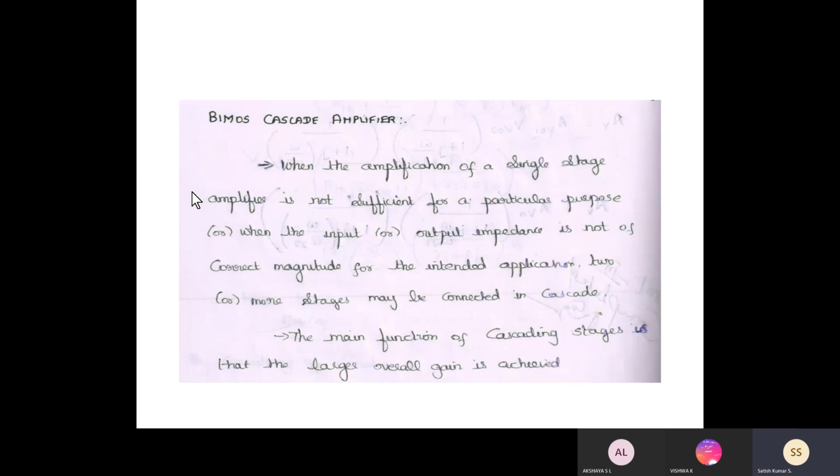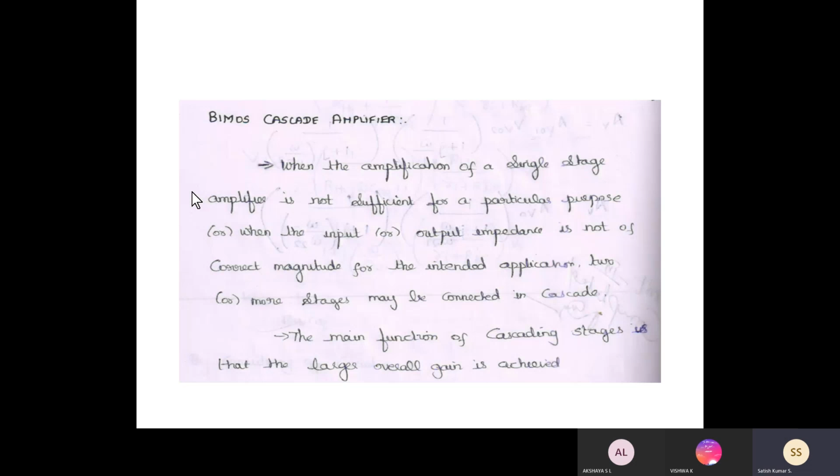When the amplification of a single stage amplifier is not sufficient for a particular purpose, or when the input or output impedance is not matched with the correct magnitude for your intended application, we want to improve these parameters.